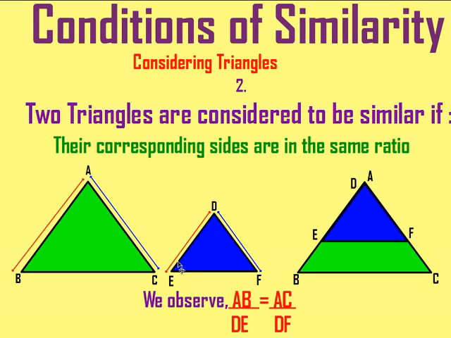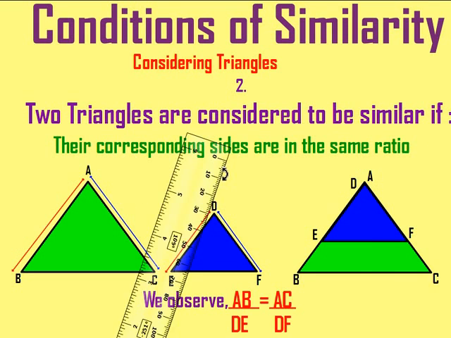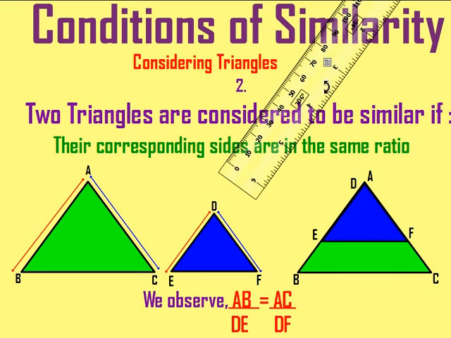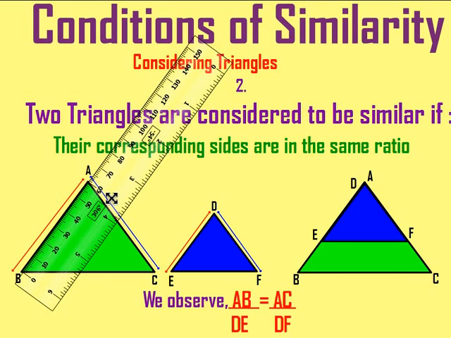The ratio of these two sides should be equal to the ratio of side AC upon side DF. Let's measure side AB.